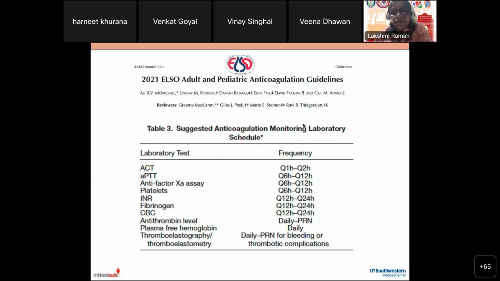As I said, when you're in a resource limited environment, you need to do whatever you can in your center. This is the general recommendation that ELSO gives, but as I said, it depends on your center. Next slide, please.